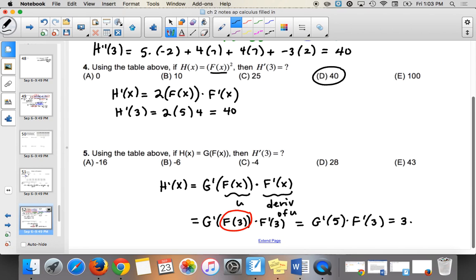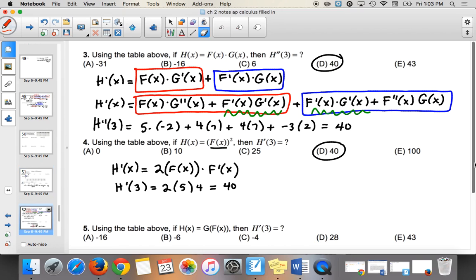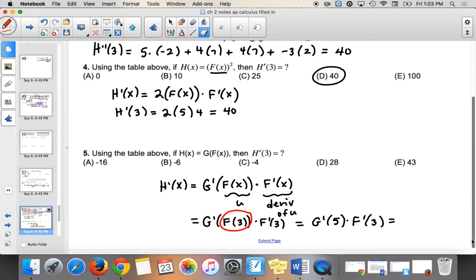No, wait, not 3. G prime of 5, hang on, let me go back to my chart. G prime of 5 is going to be negative 4, and then f prime of 3 is going to be 4. So you get negative 4 times 4, so negative 16.